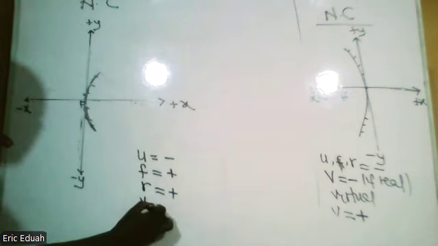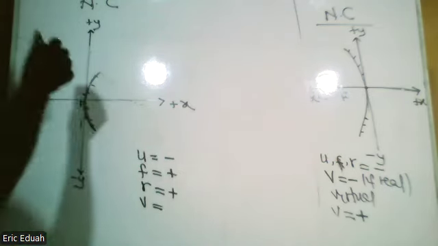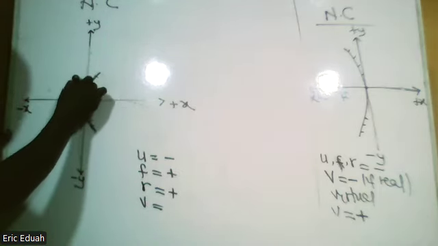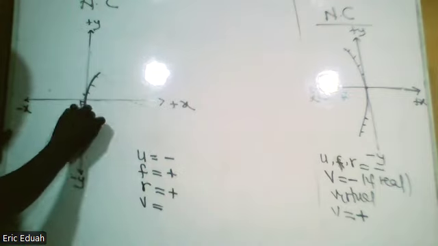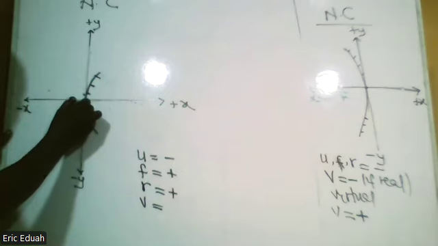What about v? Gabriel again. Would v be positive or negative? Sir, is it a convex mirror or concave? Gabriel, you don't need to ask to know. I've drawn it, and this side is the shaded part.